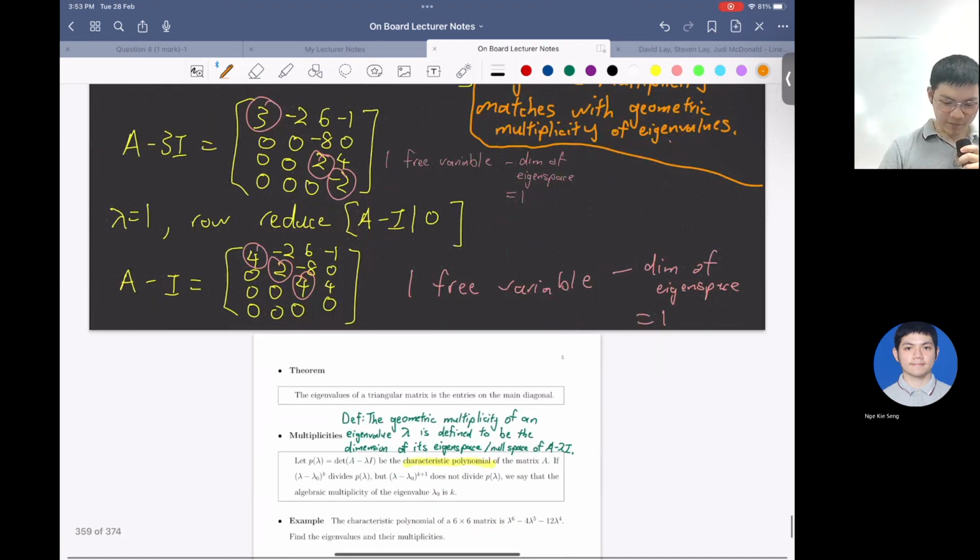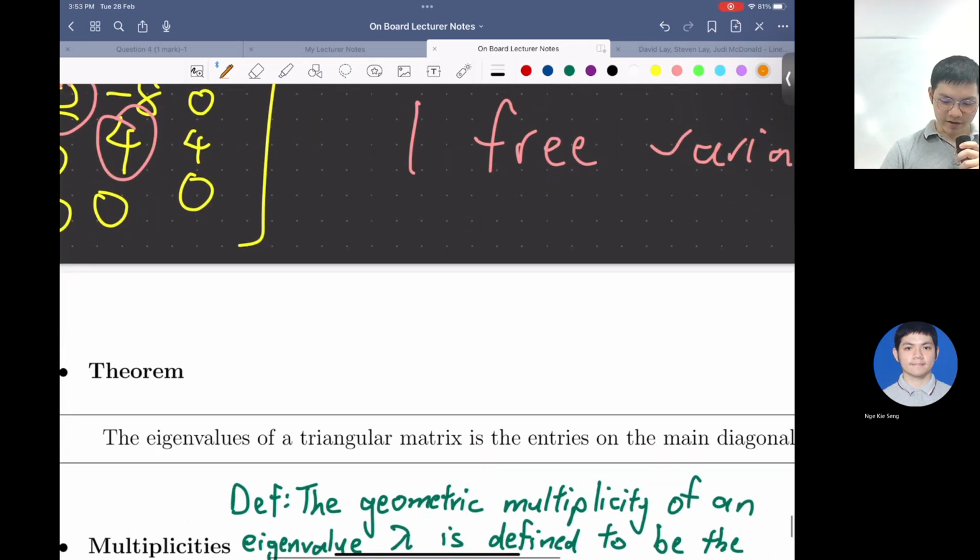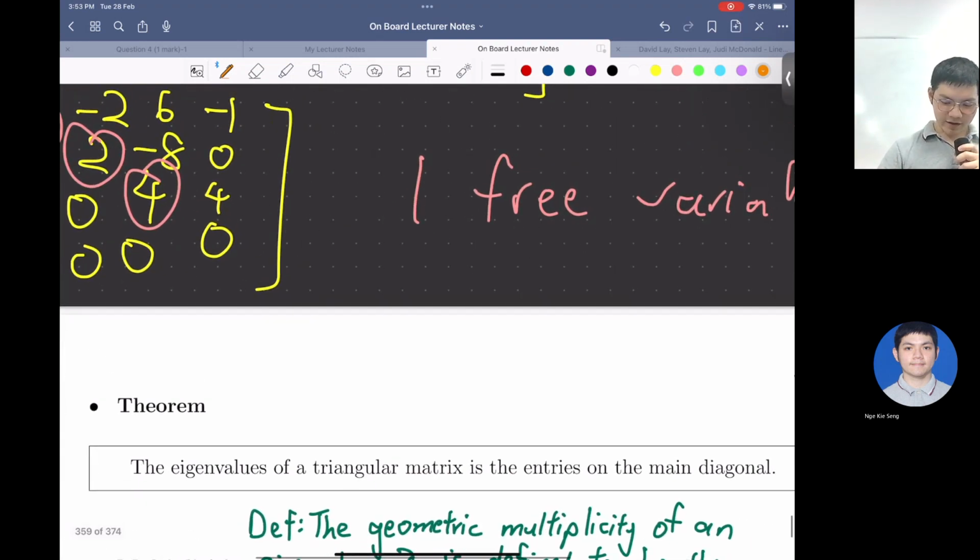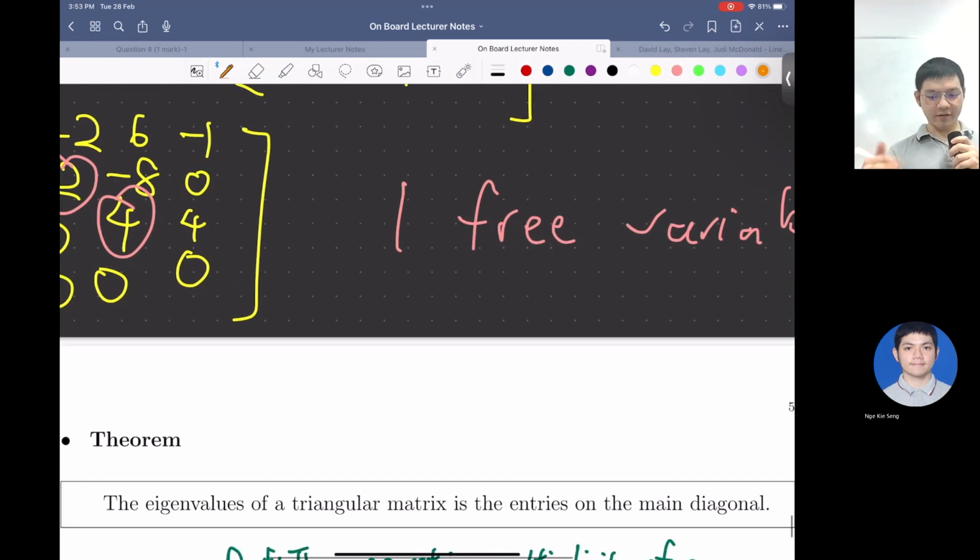Also from this example, last time we ended the lecture with this theorem: the eigenvalues of a triangular matrix are the entries of the main diagonal. From that example, this is a triangular matrix.